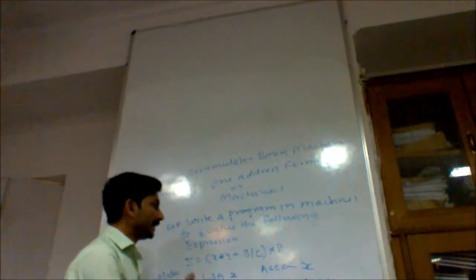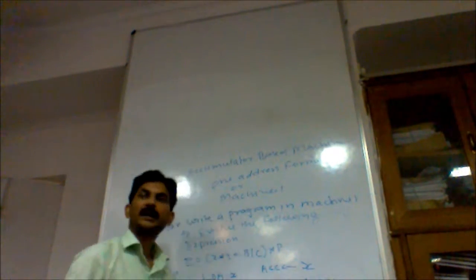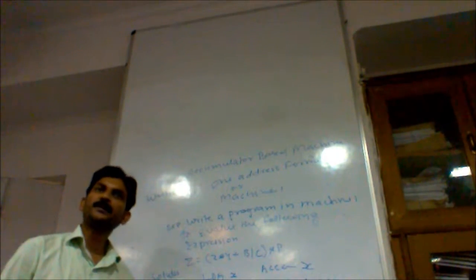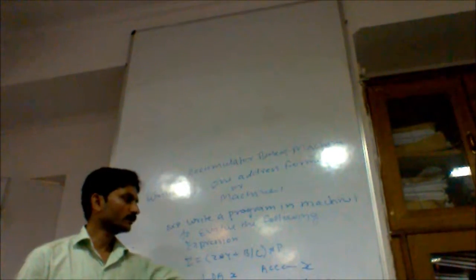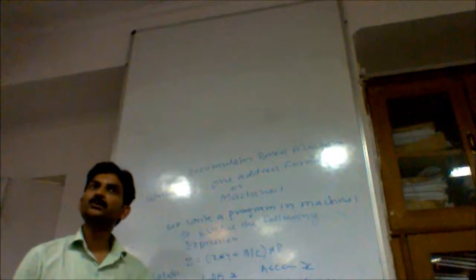Okay. Next LDA B. Now the accumulator's value is the value of B transferred to the accumulator, and the previous value is replaced. And you have already copied the previous value to M. That will be used later on.